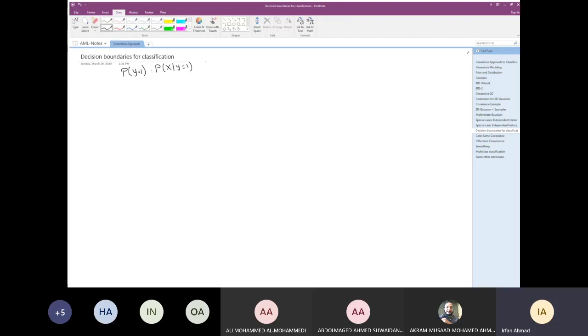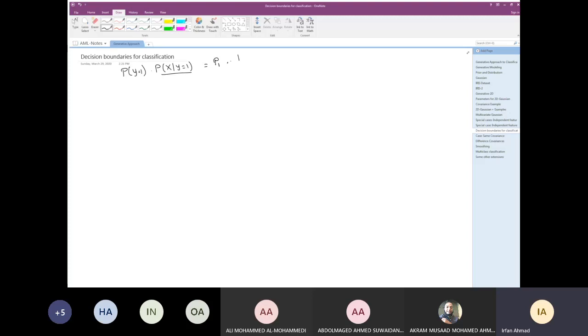In general, this is nothing but, we spoke about this, let's denote p of y equals 1, the prior. Before we used to use pi, but in our equation we already have the mathematical pi, so just not to confuse it, I'm going to say p1. This is the prior, p1, times p of x given y equals 1.